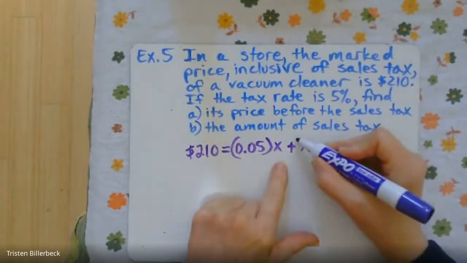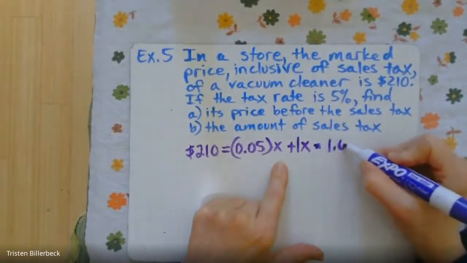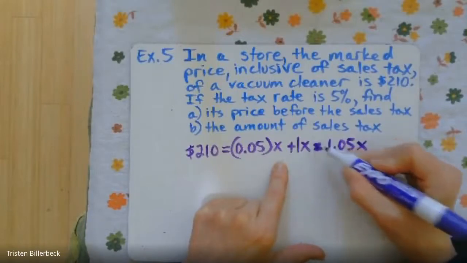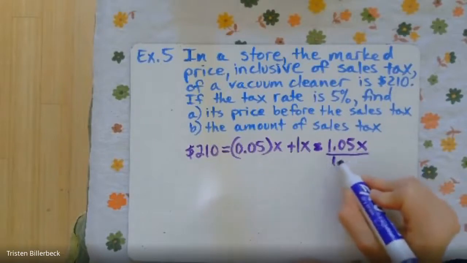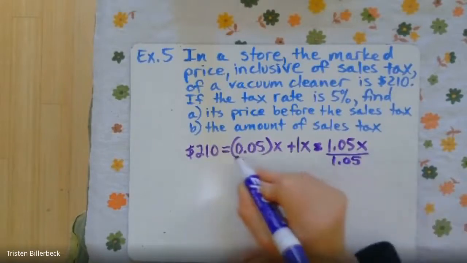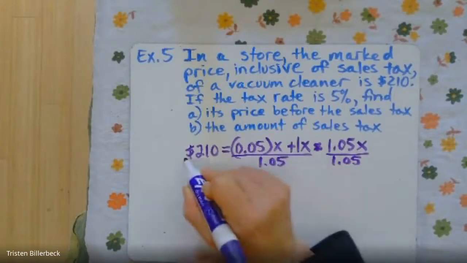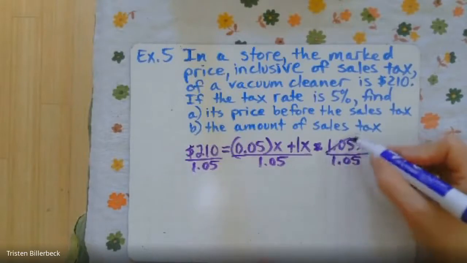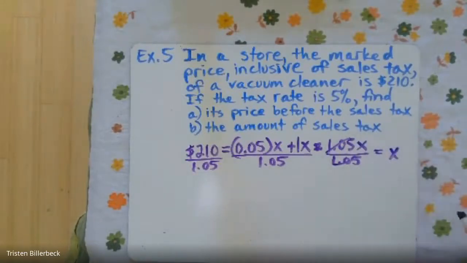Okay, so this simplifies. If we put a 1 here, it simplifies to 1.05x. So now if we divide by 1.05 on everything, this cancels and we have just x.